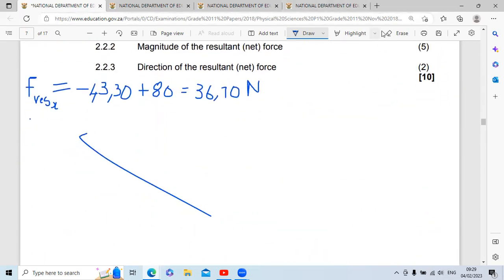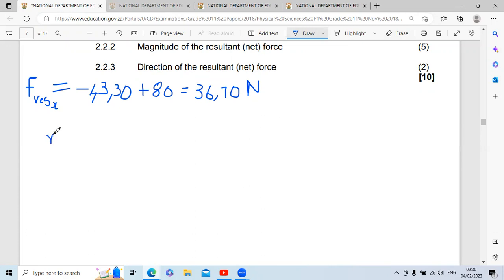So now we're going to find our resultant vector. We're going to find the magnitude of our resultant vector. We use the Pythagoras theorem in order to find the magnitude.